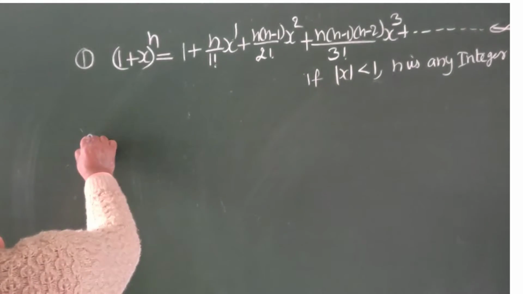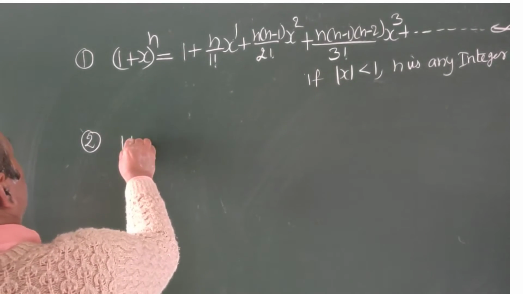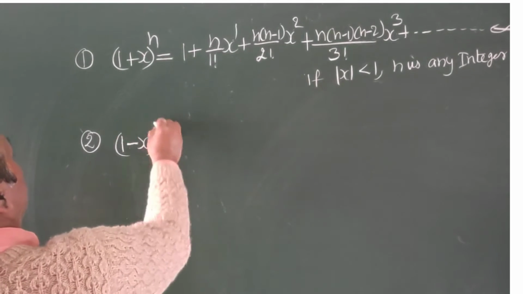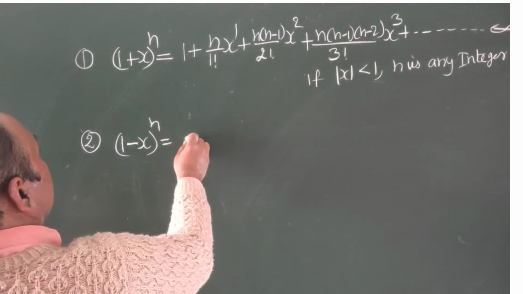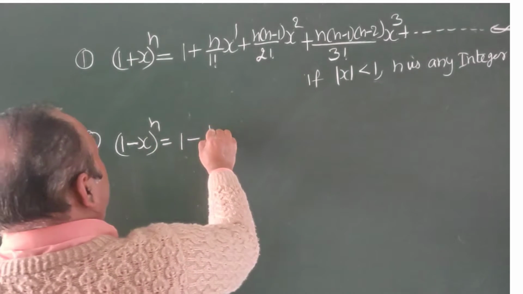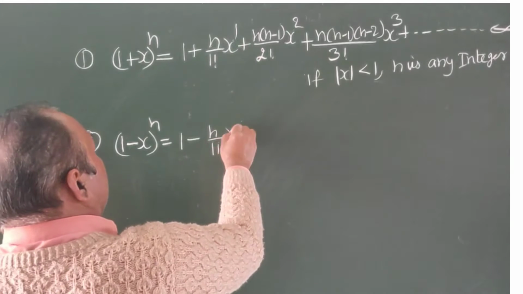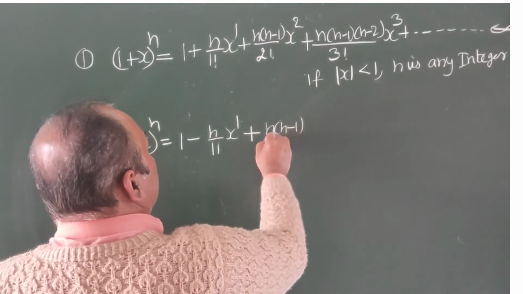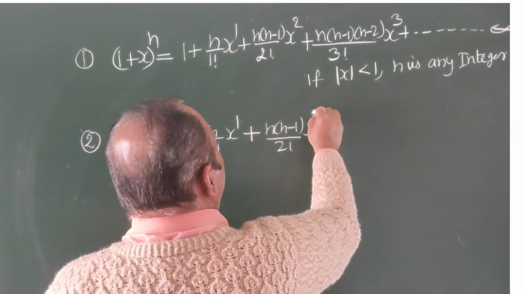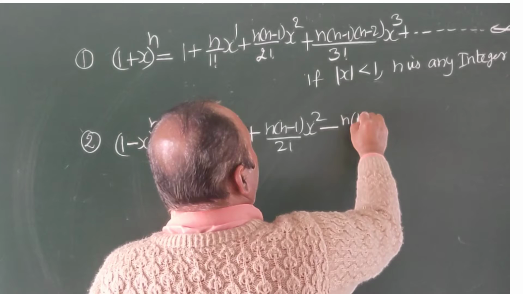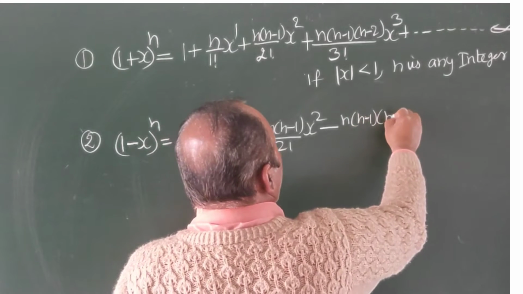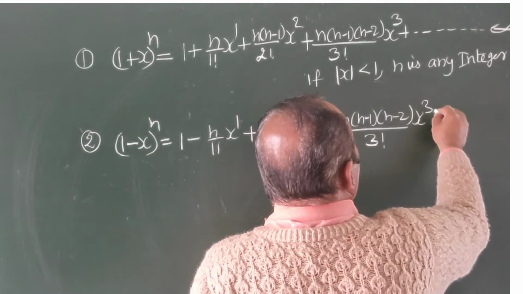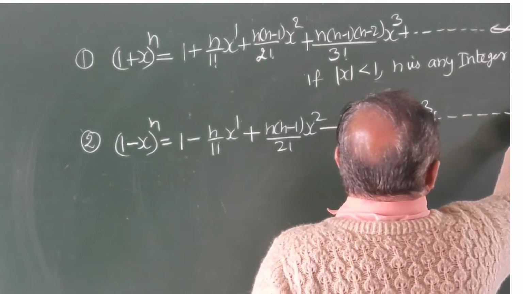So the second formula is (1 - x) raised to power n, that is equal to 1 - n/1! x^1 + n(n-1)/2! x^2 - n(n-1)(n-2)/3! x^3 + ... up to infinity.